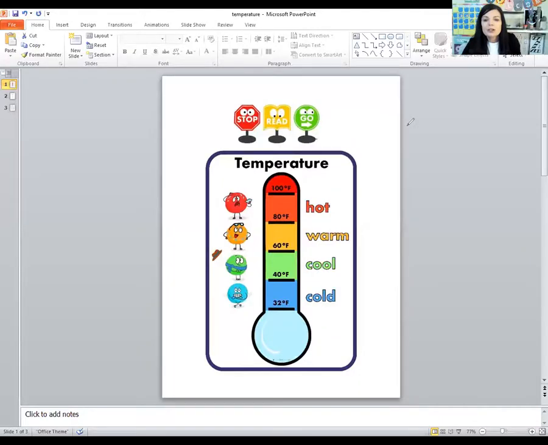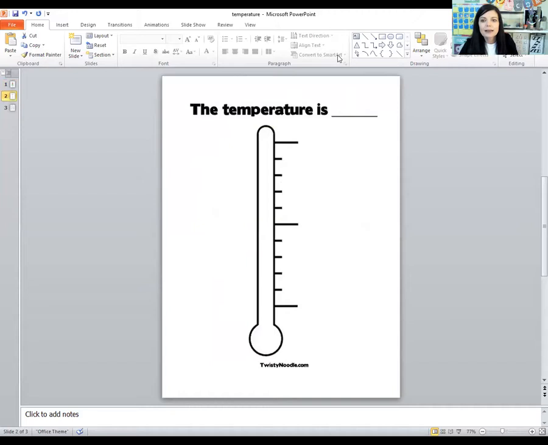Inside a thermometer, there is something that is colorful, and it's usually colored red. If the temperature is up at the top, then we say it's hot. If the temperature is down at the bottom, then it's cold outside. Let me show you a thermometer, and let's practice that really quickly.